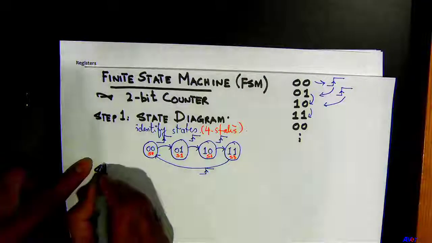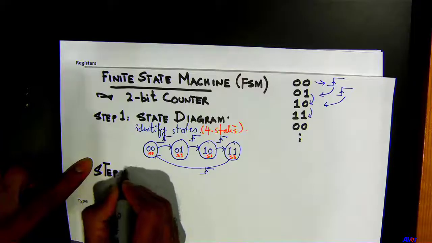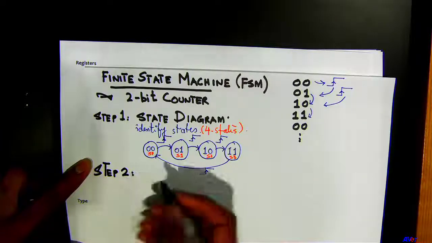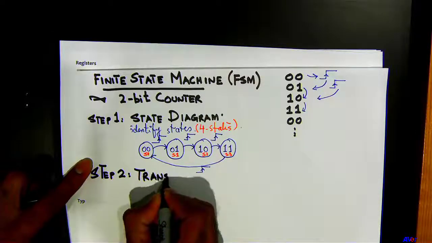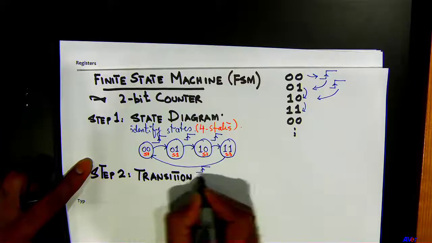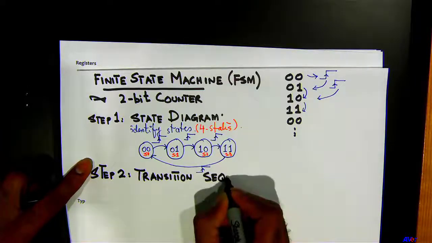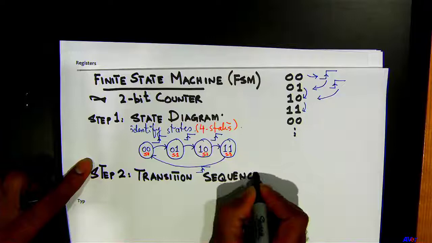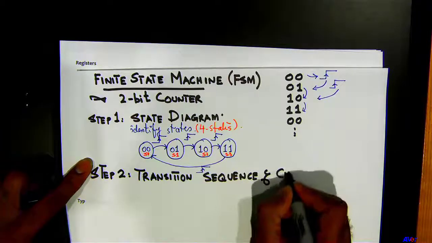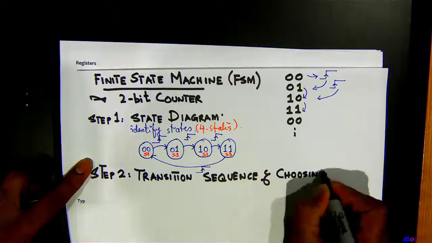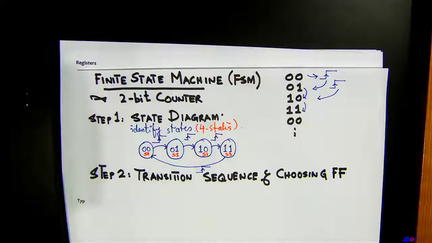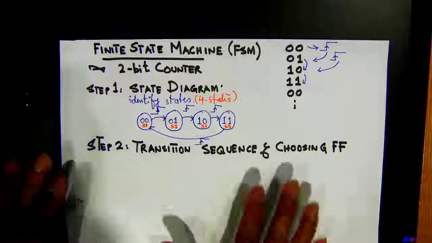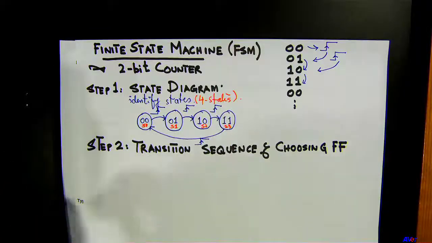Then step 2 is usually the transition sequence, which we have already defined, and choosing the flip-flop. Okay, because D is the easiest one, I'm going to start off with this finite state machine using the D flip-flop, but tomorrow we're going to do JK and SR also.